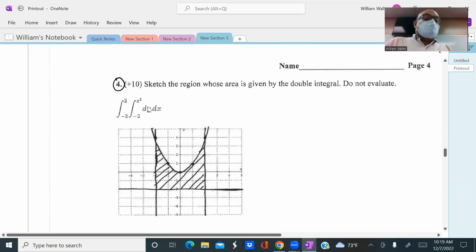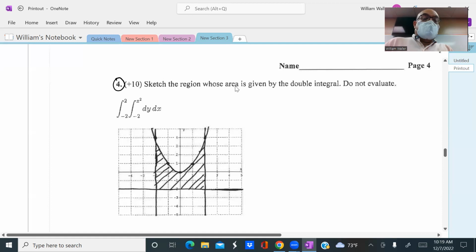So you just want to look at the double integral and see if you can find the region of integration that the limits of integration are referring to. Actually, since the integrand is 1 here, if you actually evaluated this double integral, which you didn't have to do, what you'll come up with is the area of this region.